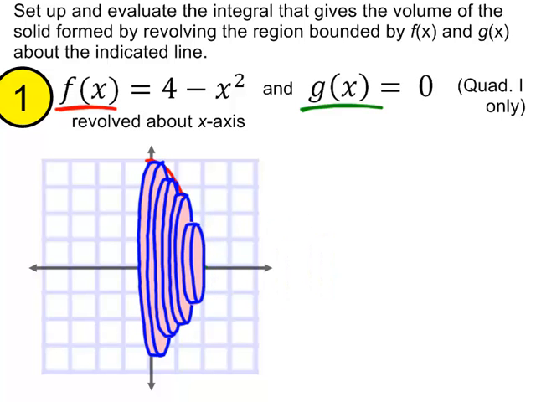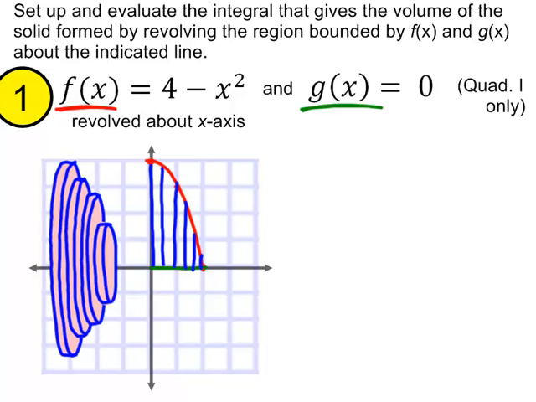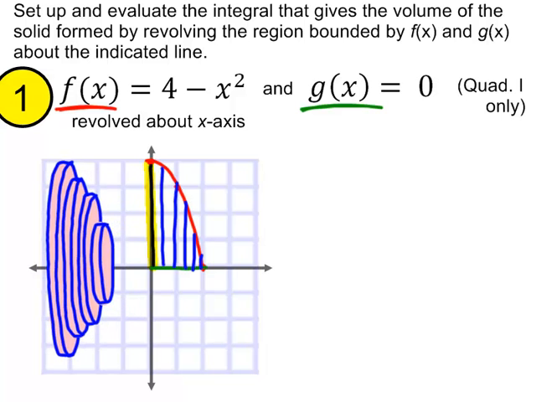So as you may have already seen in the video on volumes of solids with known cross-sectional areas, we're going to envision these volumes as infinitesimally thick disks stacked on top of each other. And I'll remind you that these distances represent the radii of those disks.